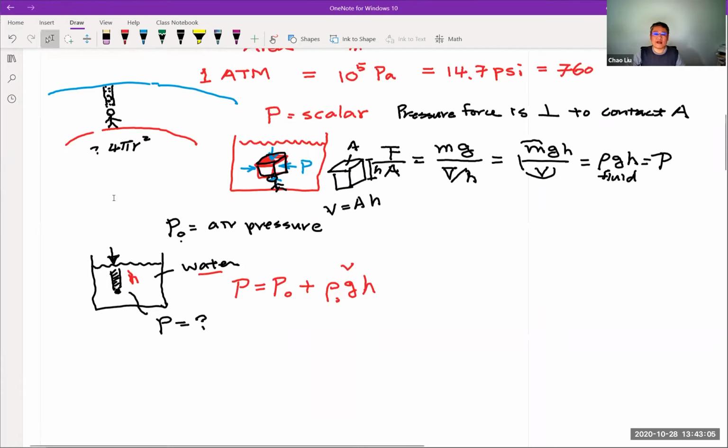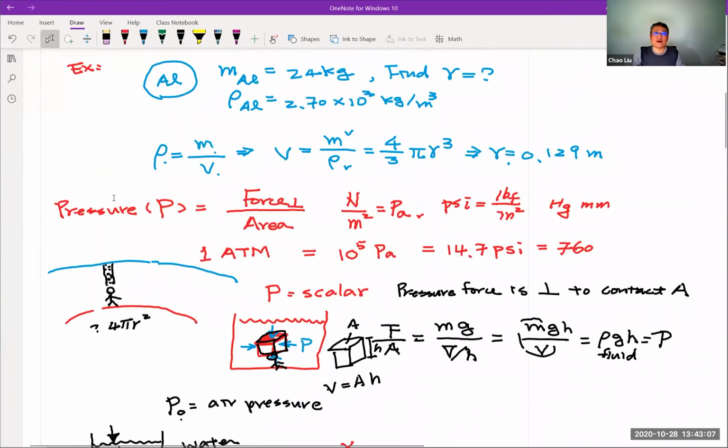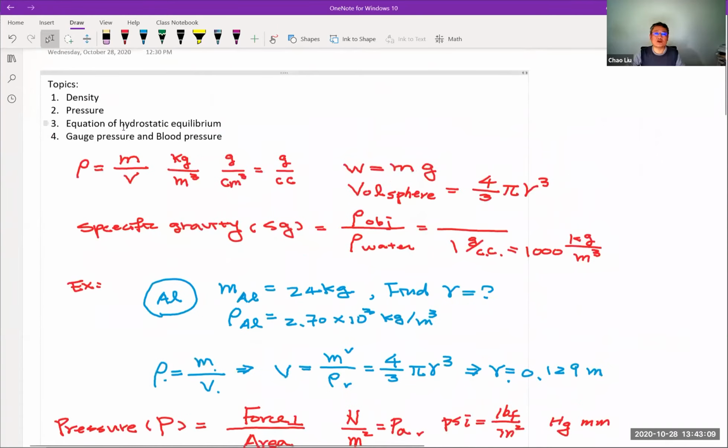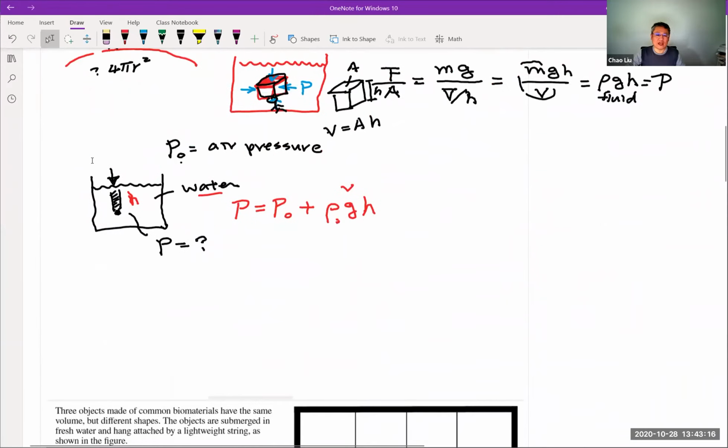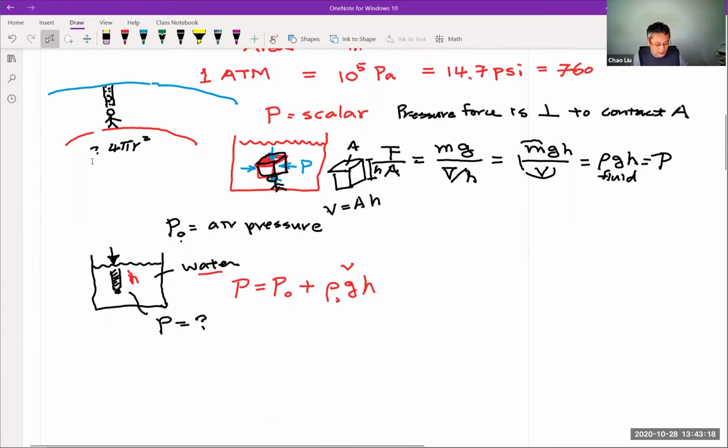Okay, so that is what we call the equation of hydrostatic equilibrium. Now, the last thing we want to talk about is the gauge pressure. Let me just give you the definition of what that is.